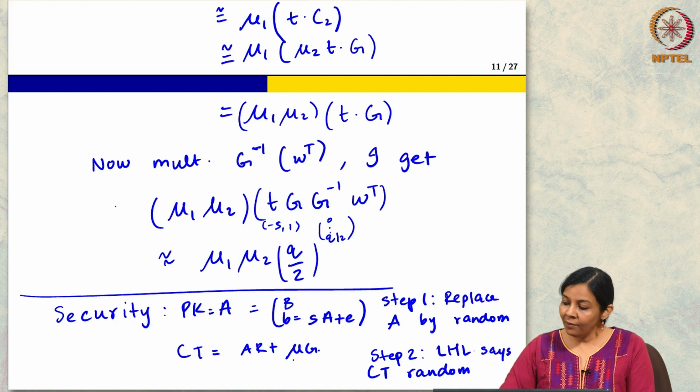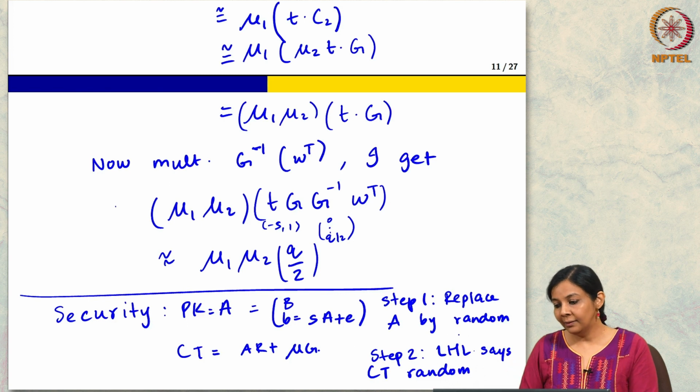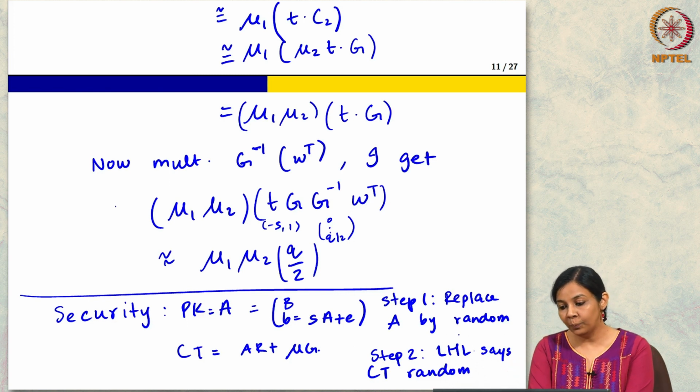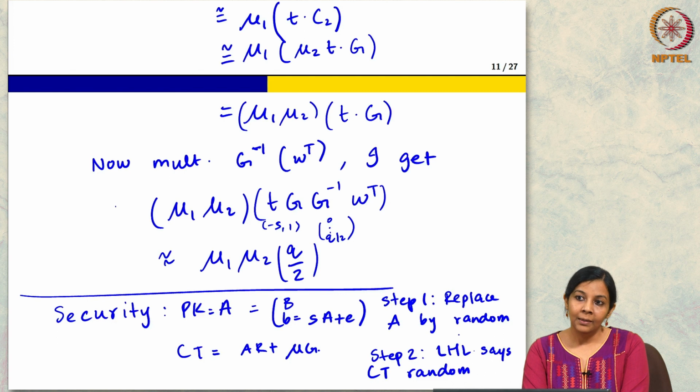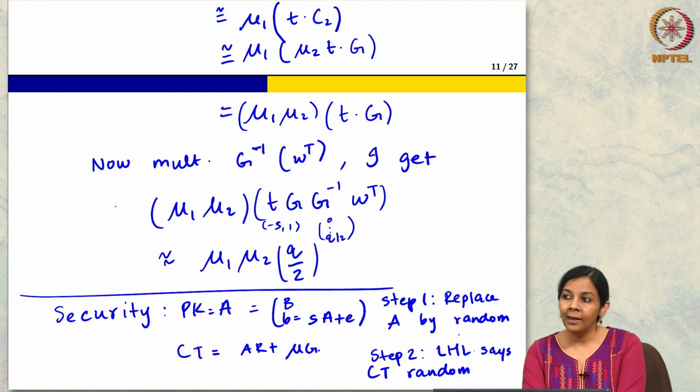I always find it very cool that this problem was open for such a long time. It was posed in 1978, and the first solution came out in 2009, by Gentry, and that was a very complicated scheme and not from any very clean assumption either.